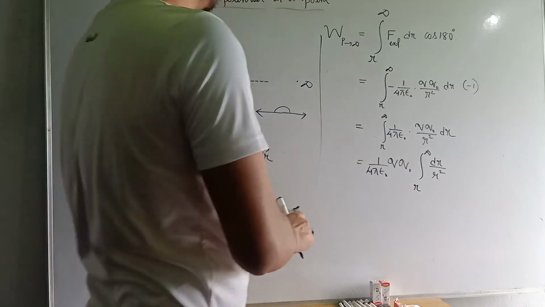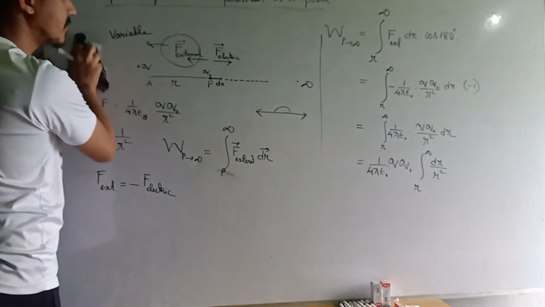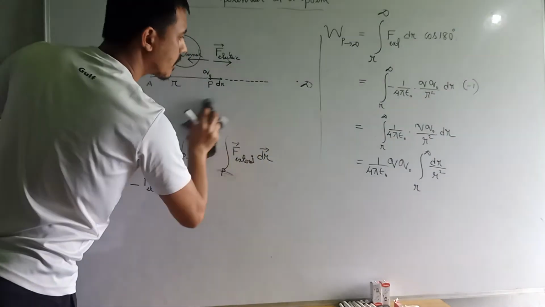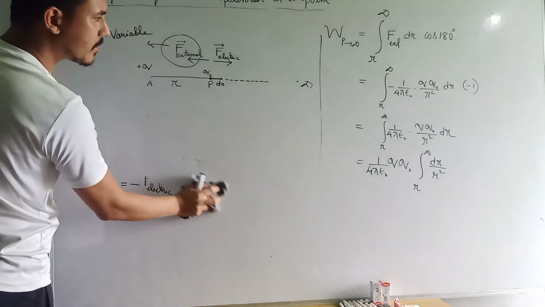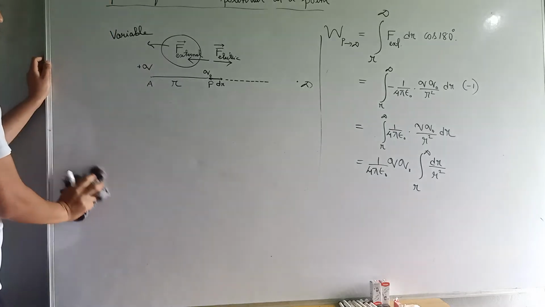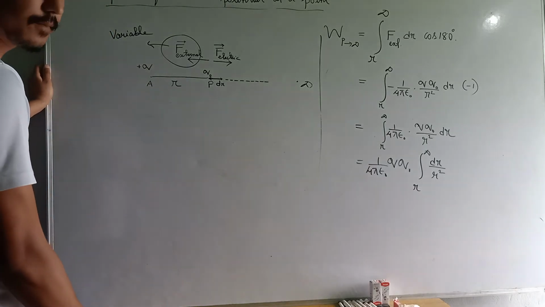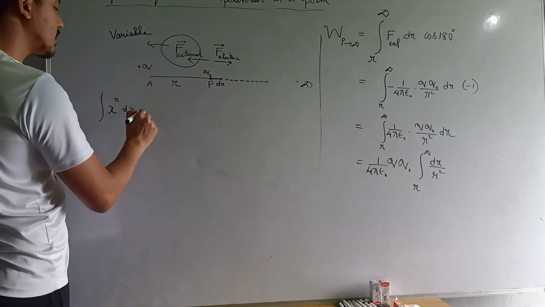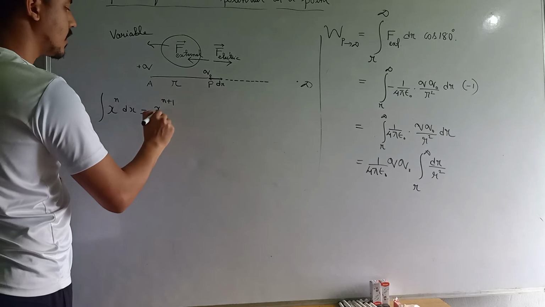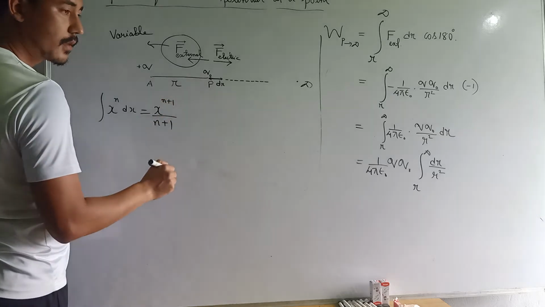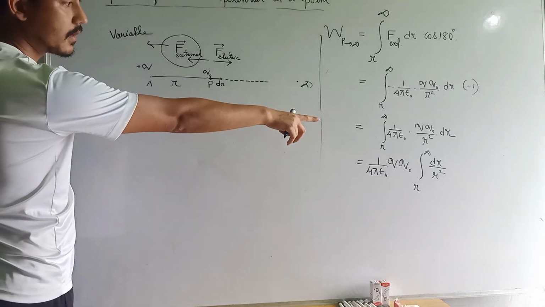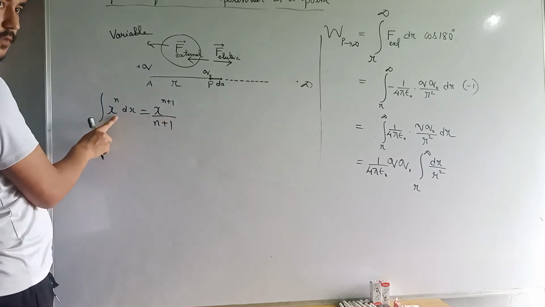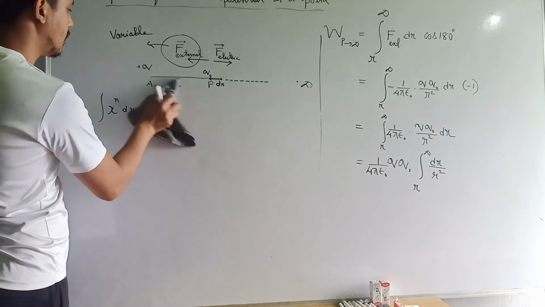How good are you at integration? It's very important. What is the integration of dr upon r square? Very simple. The integration of x to the power n dx is x to the power n plus 1 upon n plus 1. Can I make dr upon r square in this form? Yes.